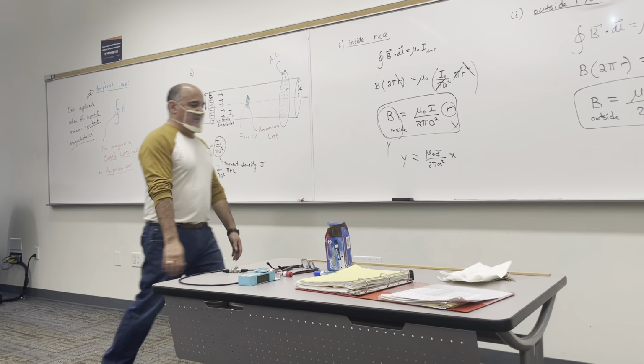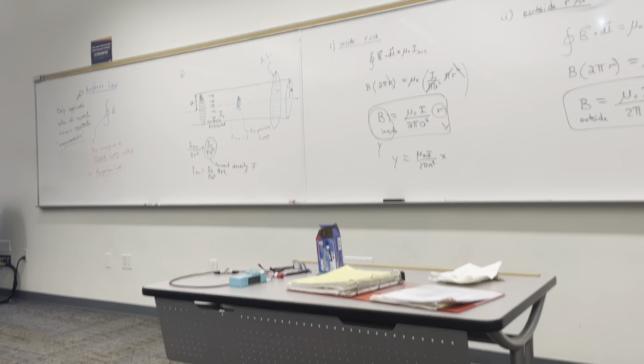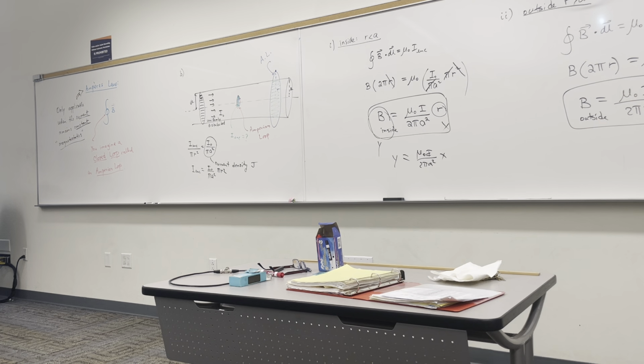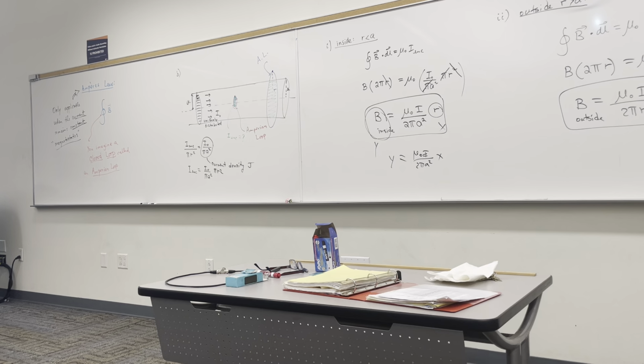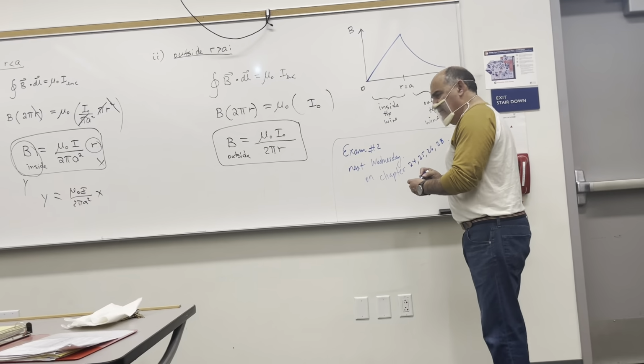And then the exam will be on chapters, I think the first exam covered 21, 22, 23, right? So this will be 24 through 28, excluding 27. It's easier to just write down the numbers: 24, 25, 26, and 28. 4 chapters, not bad.